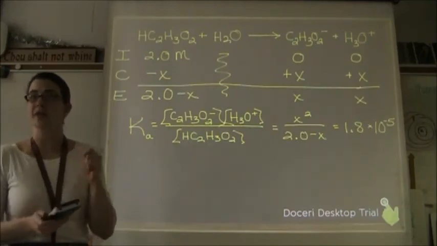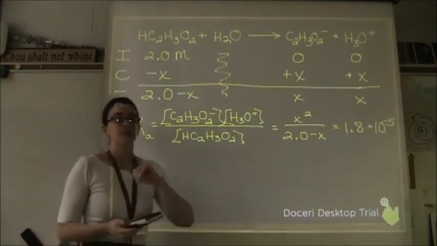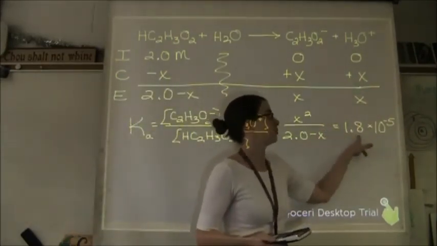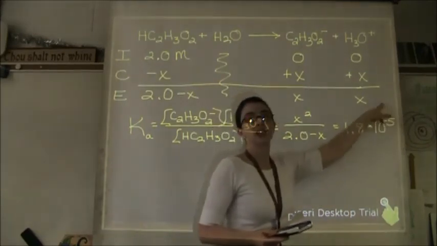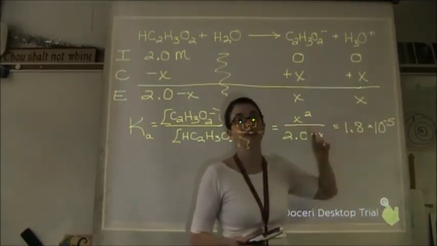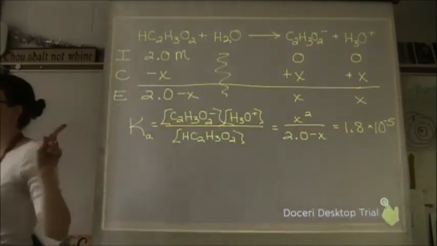Go to y equals. For y1, let's put the Ka value. All right, and let's be good science students. We're not going to type in 1.8 times 10 caret negative 5. No, you're better than that.